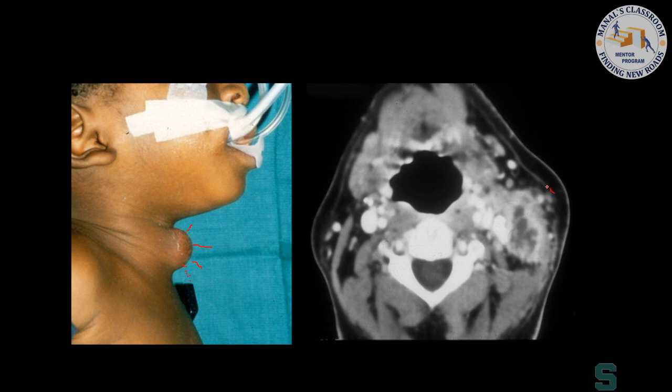Now, I showed this case for a particular reason. This was a case I read years ago. And again, you only see what you look for. You only diagnose what you know. I thought that this was metastatic squamous cell carcinoma involving a level 2 lymph node. And it turns out they biopsied this, and this turned out to be tuberculosis.